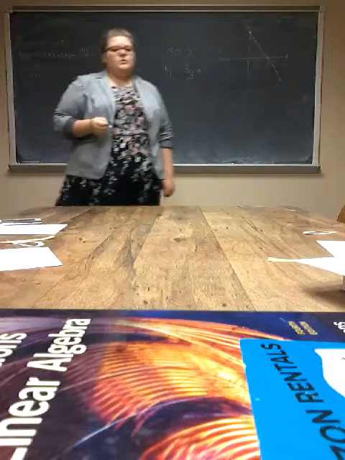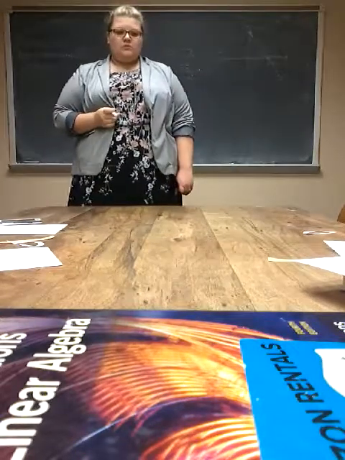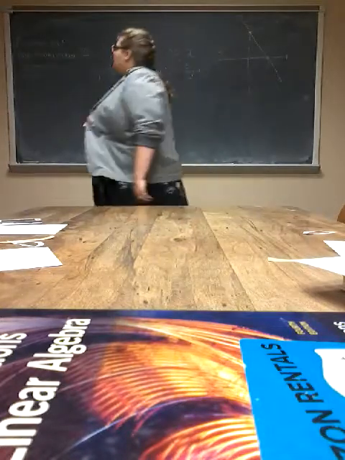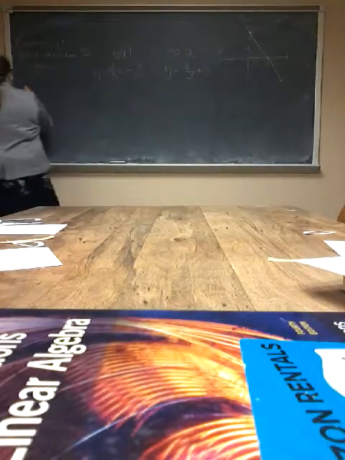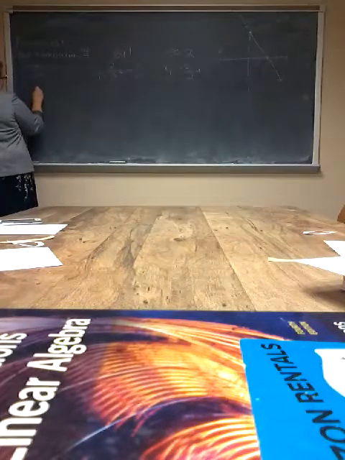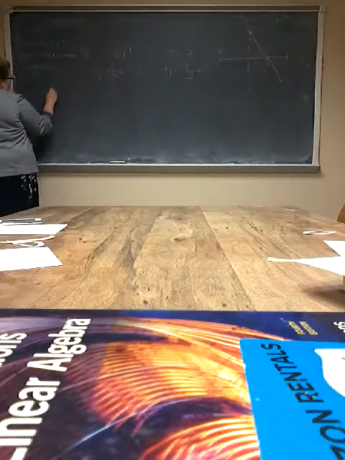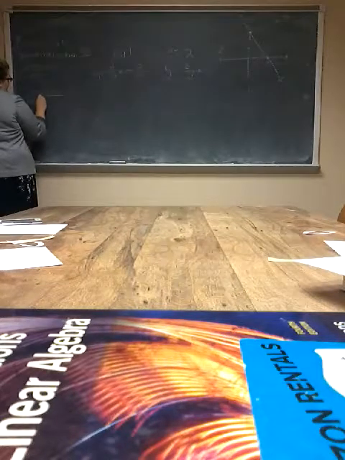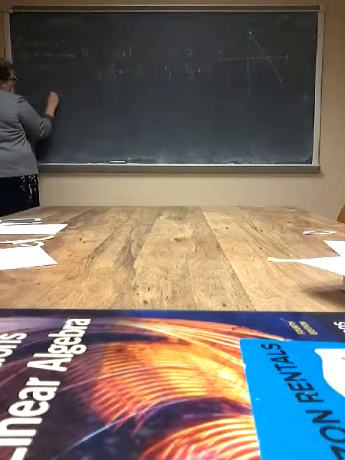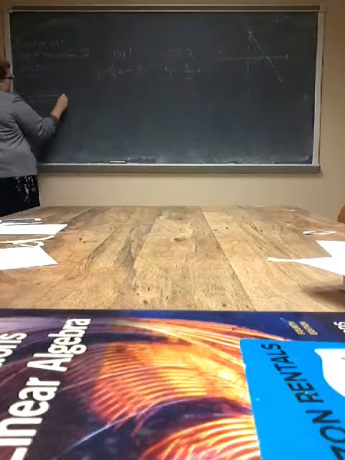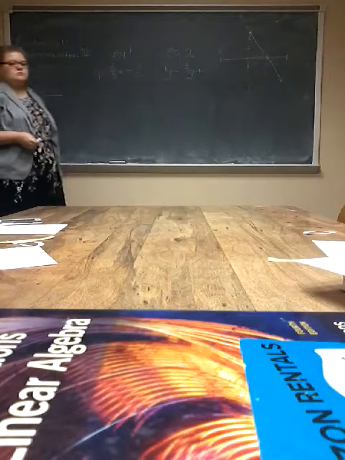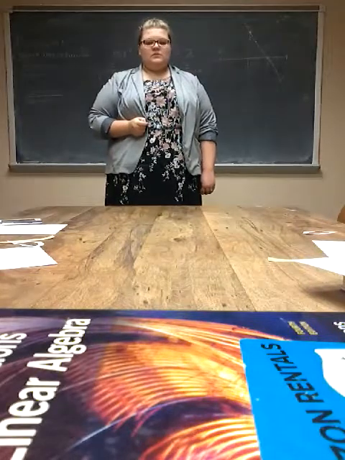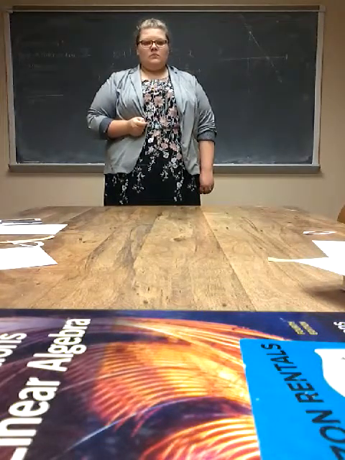Look at those slopes. What do you notice about those slopes? They're different. So what are some differences? What would you say is different about them? One's positive and one's negative. We've got opposite signs, positive and negative. Any other differences? One is a flip of the other one.